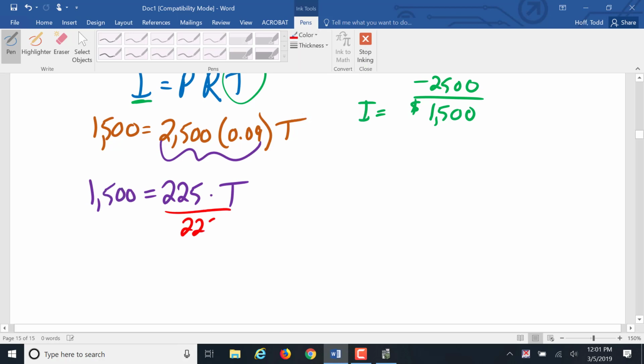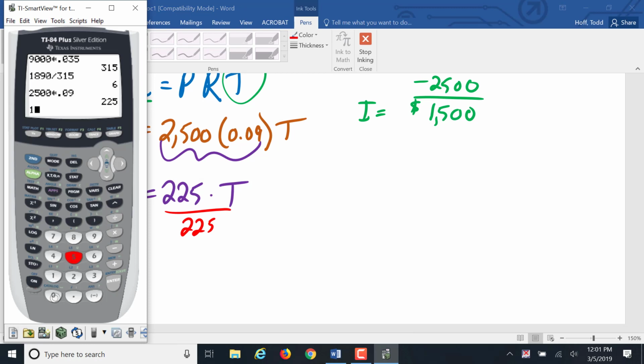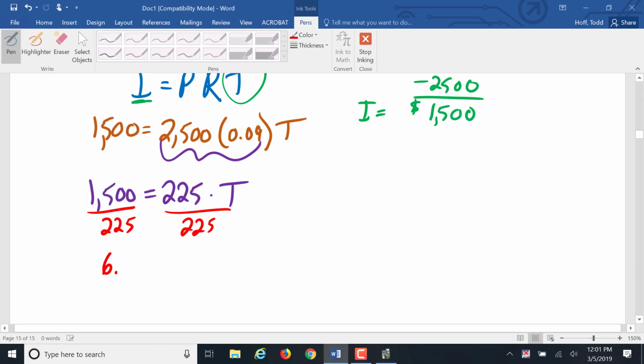And we'll solve for t by dividing by 225. So 1,500 divided by 225 is 6.666, or 6 2/3 really is what that is as a fraction, or mixed number. So that is 6 2/3 years.